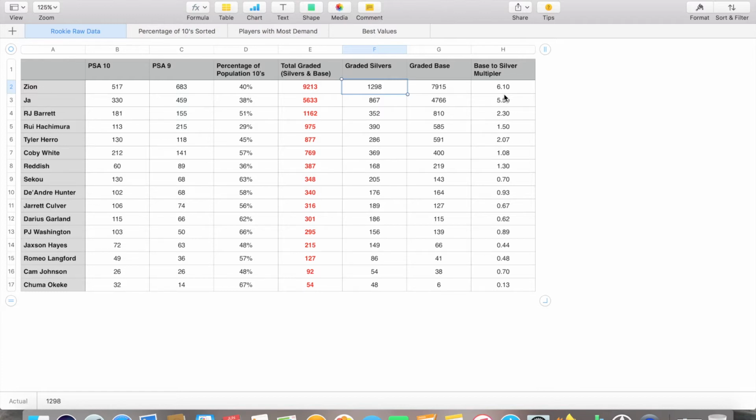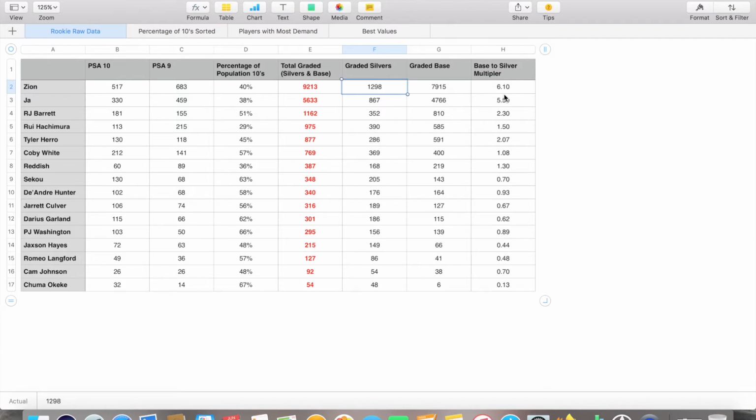So we see that with prospects like Zion, Luka, Trae Young, Mike Trout, Jayson Tatum, these types of players that are stars already, and people are using these base cards as a way to bet on their performance on a short-term basis, potentially long-term as well, but mainly as an investment vehicle for short-term speculation.